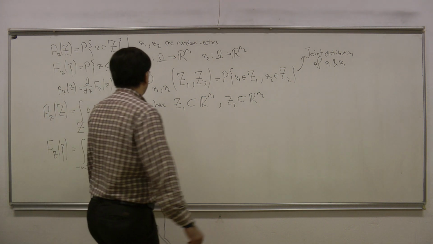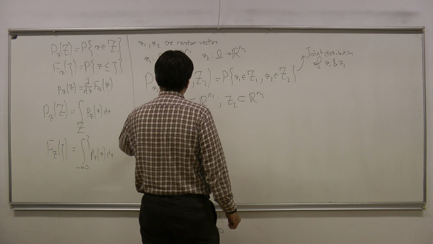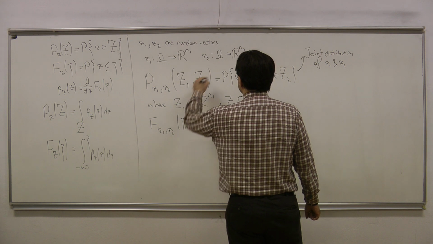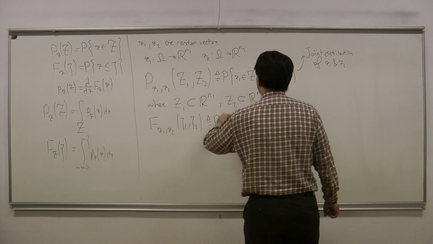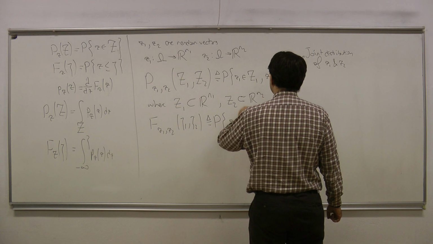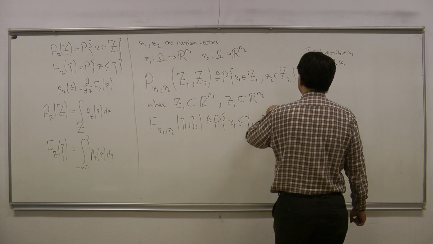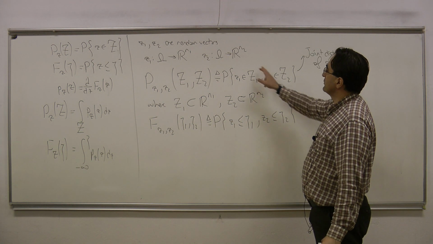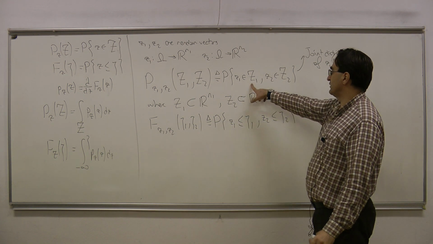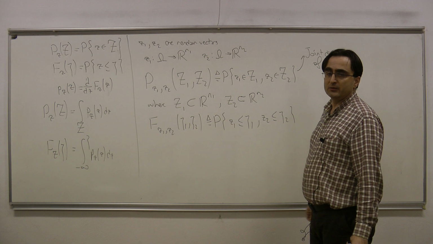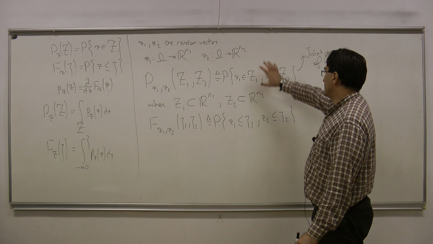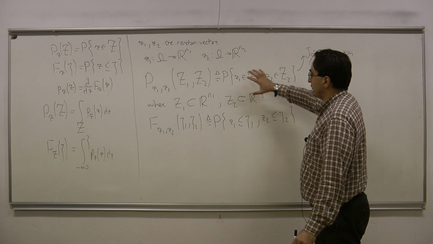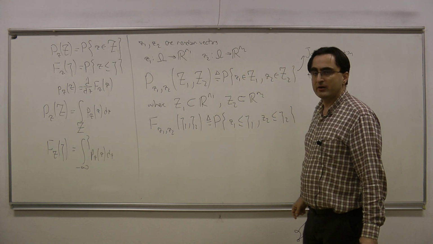So now let us define joint CDF. So I have Fz1,z2. In this case, I have two vector variables, psi1 and psi2. And this is the definition: probability of Z1 is smaller than or equal to psi1, and Z2 is smaller than or equal to psi2. So here, when I put a comma, I am actually taking the intersection of both of these events. This is an event, this is an event, and I want to find the probability of their intersection, meaning the probability of both of them happening at the same time.